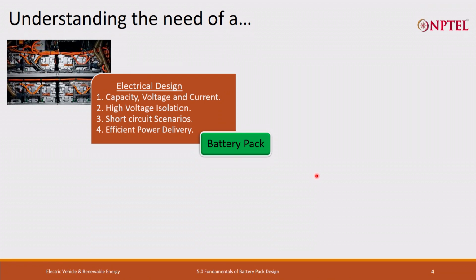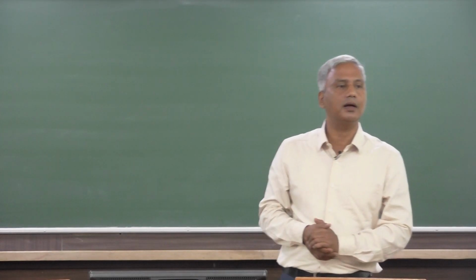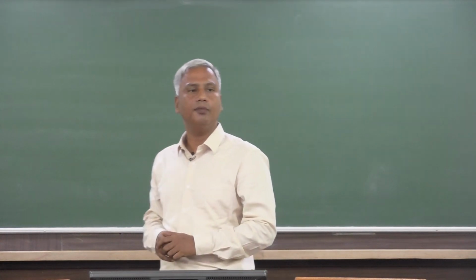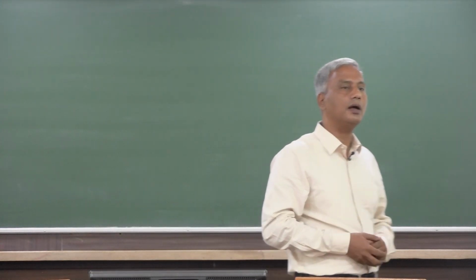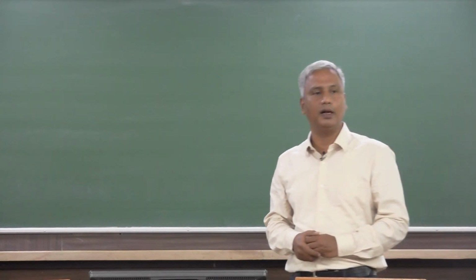Another important aspect is efficient power delivery. What happens in battery packs? Generally current in the range of hundreds of amperes is taken. Even for small two wheelers, you require current in the range of 30 amp, 40 amp, 50 amp to 100 amp. In the case of four wheelers, you require a current in the range of 200 ampere to 400 ampere.